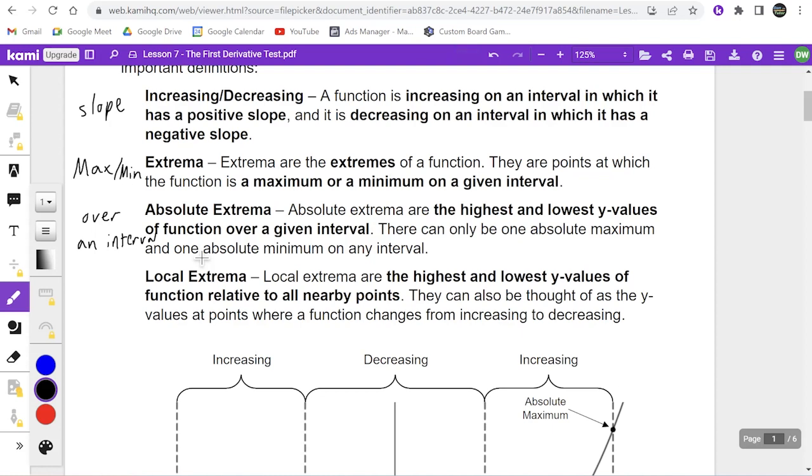It's just over some range of x values. Then for local extrema, which I'm also going to call relative extrema, then what we say is it's over not just any interval, it's from -infinity to +infinity. And you actually solve it in two different ways. These problems, we're going to be talking about in today's lesson, so don't worry about that.